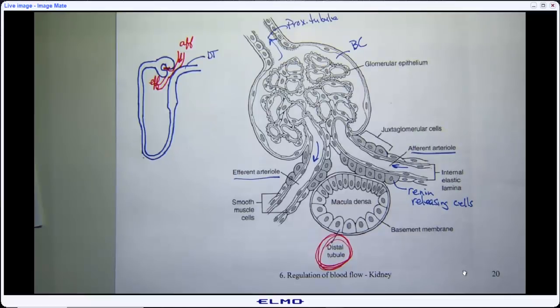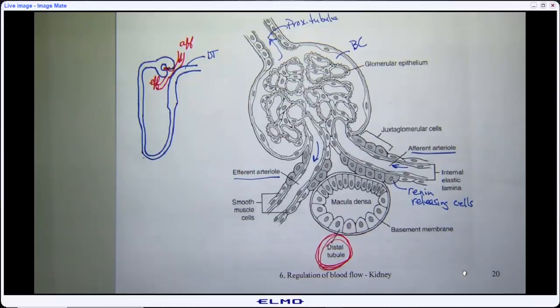Because remember, do you remember vasoconstriction and vasodilation of afferent arterioles controlled glomerular filtration rate? So the amount of fluid coming in the tube was controlled by afferent and efferent arterioles, and suddenly then we're dipping that tube back to be able to feed back information to control what's coming into it. So that's what's happening here.